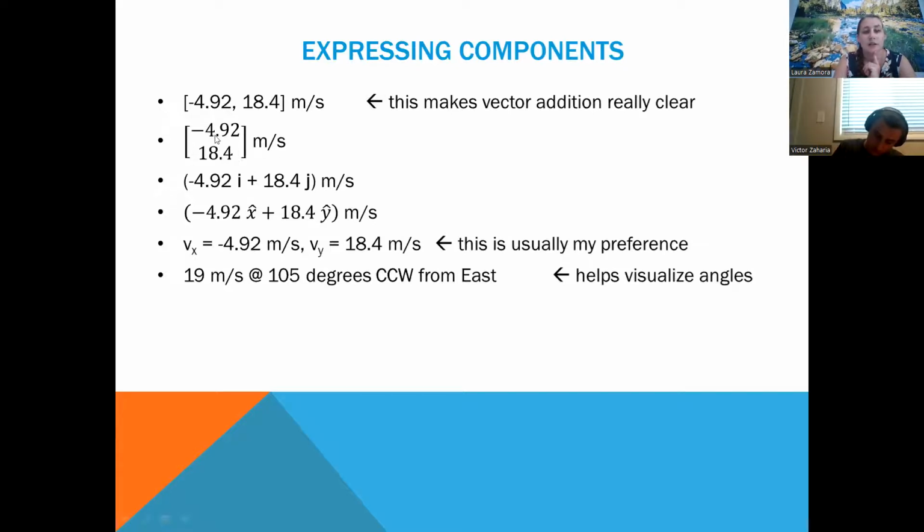Here's another way we might see it. The top of this matrix is our x component, and the bottom is our y component. You might see it written out with the unit directions of I, J, and K if there are 3 dimensions. So the I direction, or I hat, sometimes is written as like an I with a little triangle hat on top.